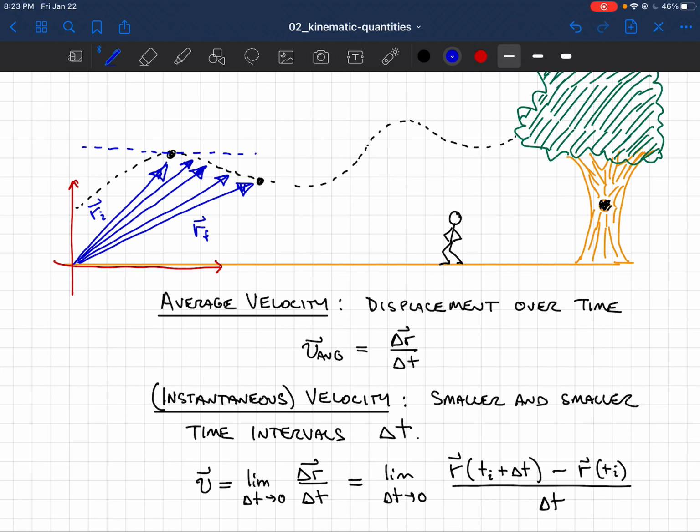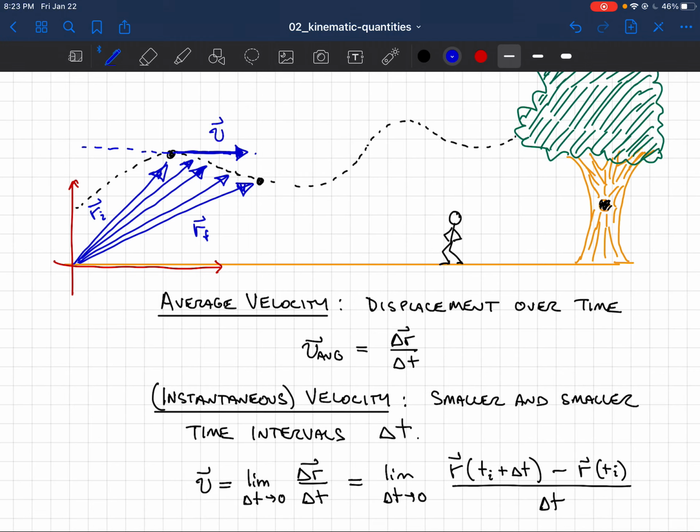Now, of course, the delta r vector will become 0 in length at that point, but we just found that the v average also points along that line of delta r. So we know that the v average, which now becomes just v, will point exactly tangent to the curve.